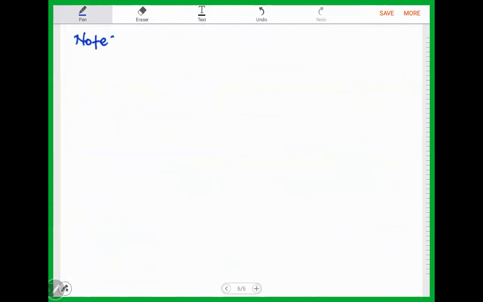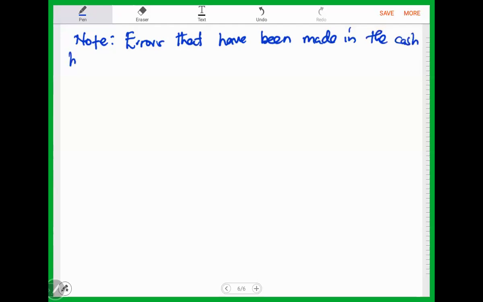Errors that have been made in the cash book shall be corrected in the adjusted cash book.